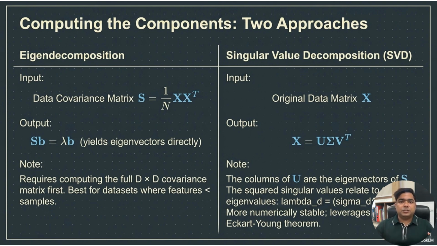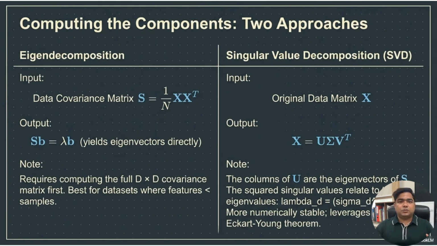The second approach is singular value decomposition, or SVD. The SVD formula can be read like this: x equals u multiplied by capital sigma multiplied by v transpose. Here x is the original data matrix. U contains directions related to the eigenvectors of the covariance matrix. Sigma contains singular values. V contains another set of orthogonal directions.